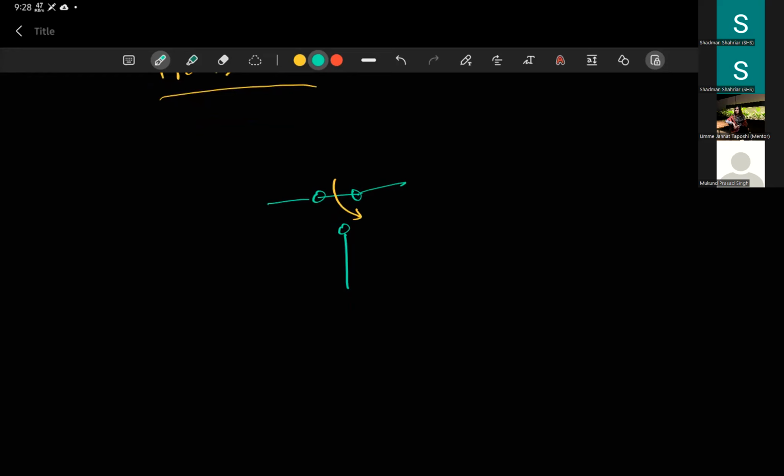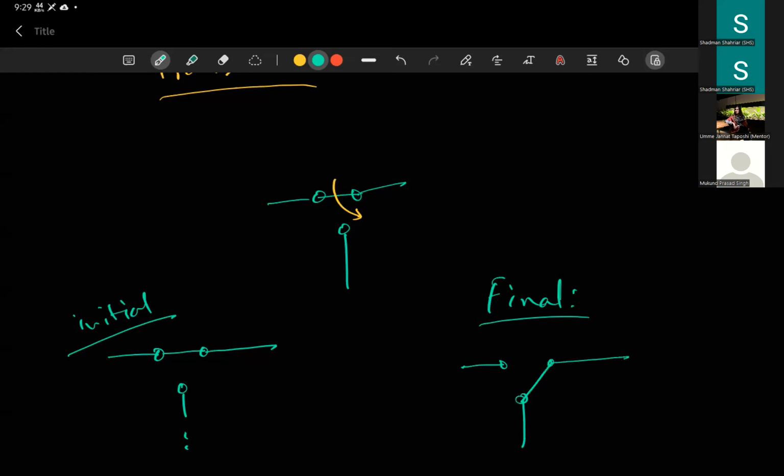The circuit's bottom part was basically disconnected. So this is your initial situation. And finally, the switch changed from there to there. This is how it should be connected, because take a look at the arrow. This is kind of like a door.